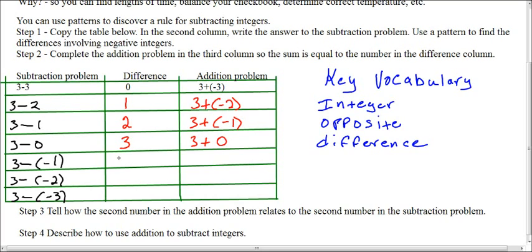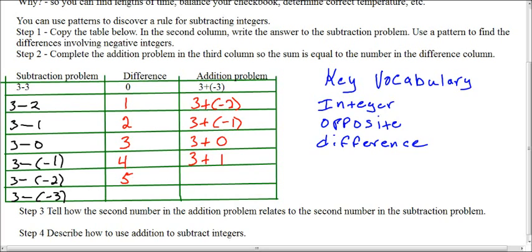Then we have 3 minus a negative 1, we say that equals 4. So how can we make this an addition problem? Well, 3 plus 1. Then we have 3 minus a negative 2. We say that's 5.